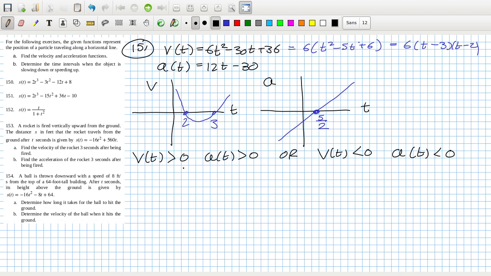So together this makes t more than 3. Or it has to be negative, so between 2 and 3, but less than 2.5. So between 2 and 2.5. So that answer there is 2 to 2.5 union 3 to infinity.